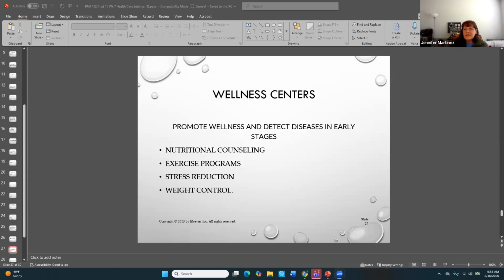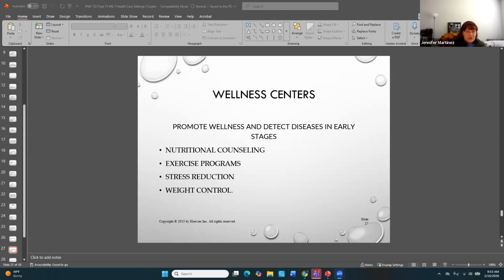Okay. And we have wellness centers. So wellness centers promote wellness and detect disease in early stages. Not all hospitals have programs to detect disease in early stages, but that's why we have these wellness centers.